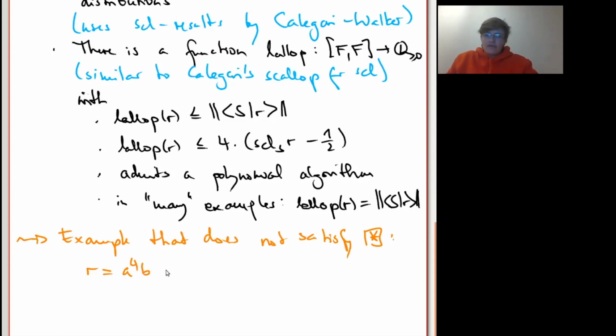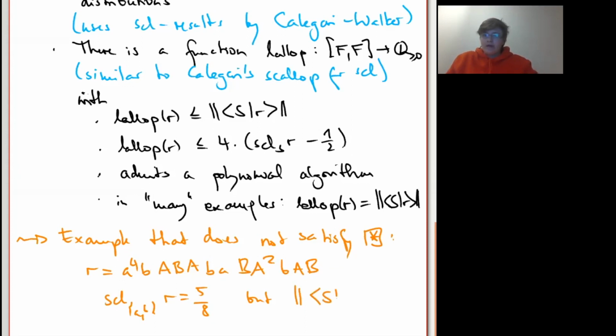So for the fun of it, let me just write it down. It's a certain relator, okay? And what we get as SCL in this case, where the capital letters are just the inverses of the lowercase letters, SCL of this thing is 5/8. But then you would expect that the simplicial volume is positive, but it's not, it's 0.